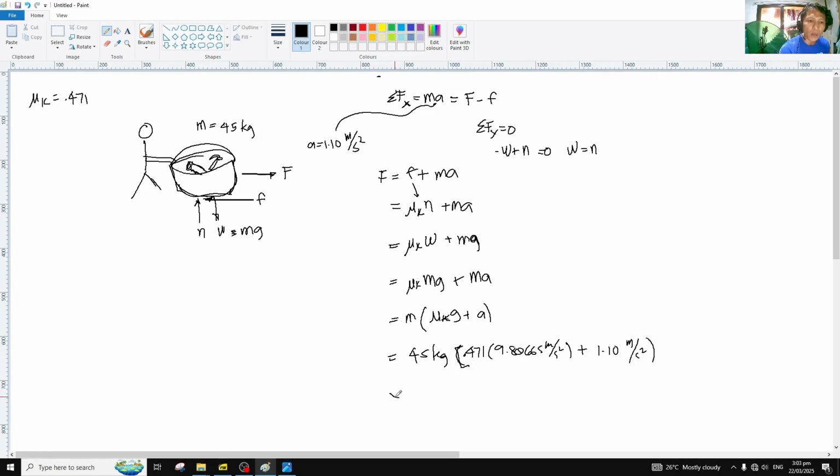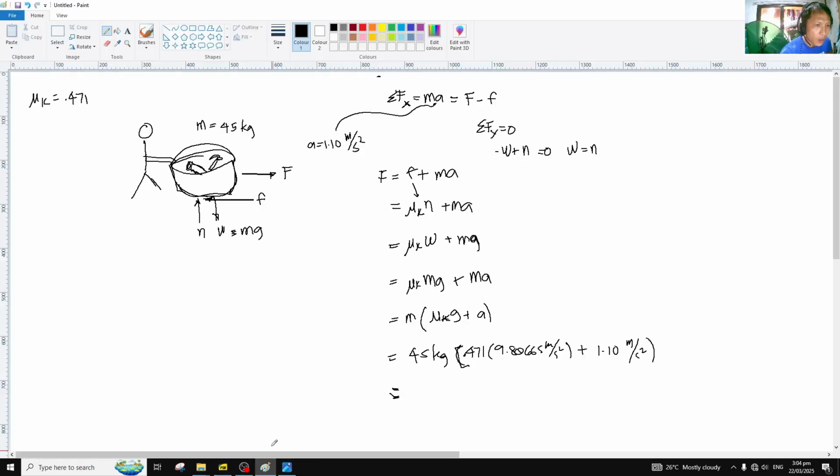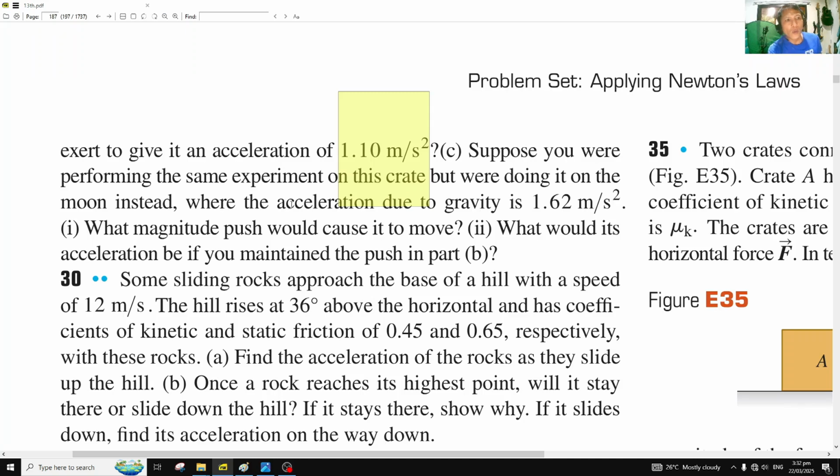So you have meters per second squared as the unit of the two for addition, then you have kilogram here. So you would have Newtons. The answer would be 257 Newtons.